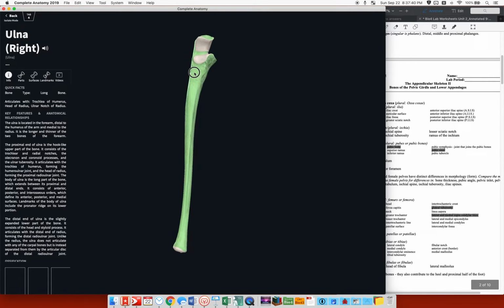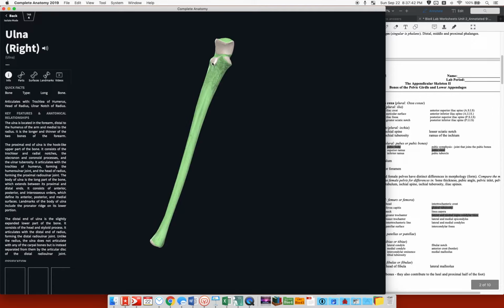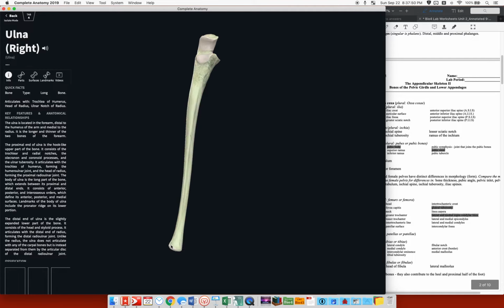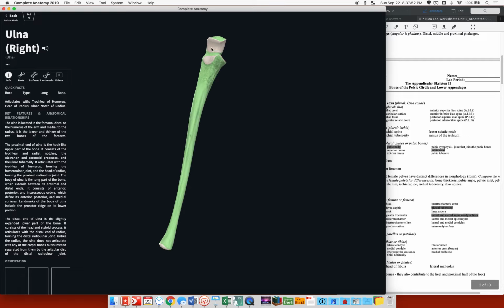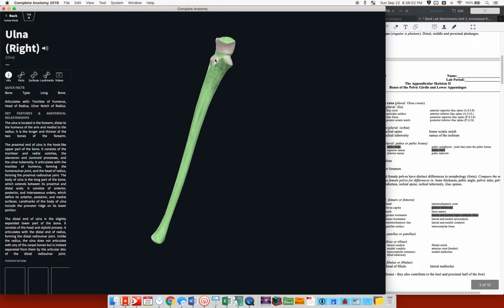Now you have to locate the radial notch, which allows the ulna to articulate with the radius. So this radial notch, along with the trochlear notch, is what allows me to determine whether this is the right or the left ulna. Now you have to imagine, if this is the radial notch, that means the radius is here.